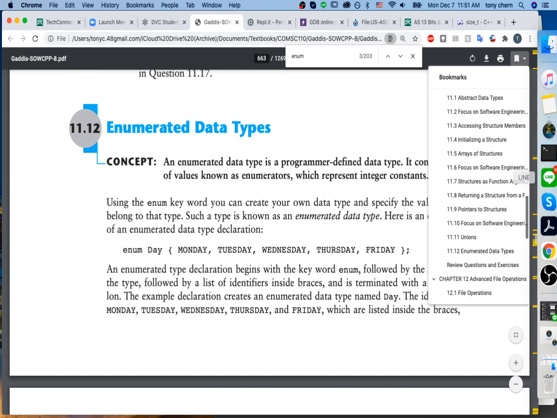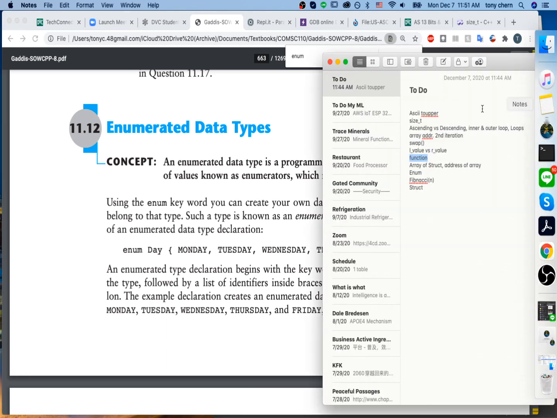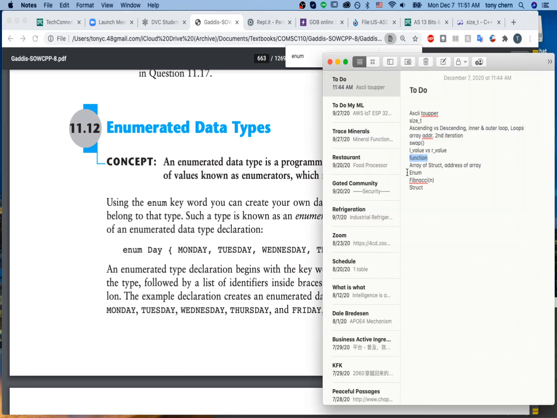Okay, next one. I did the enum and Fibonacci.